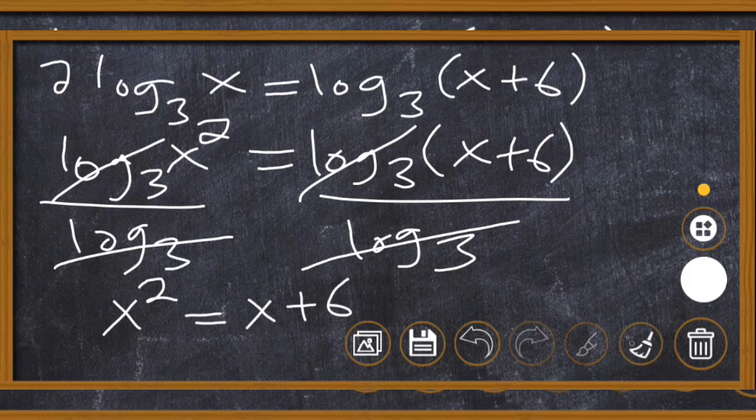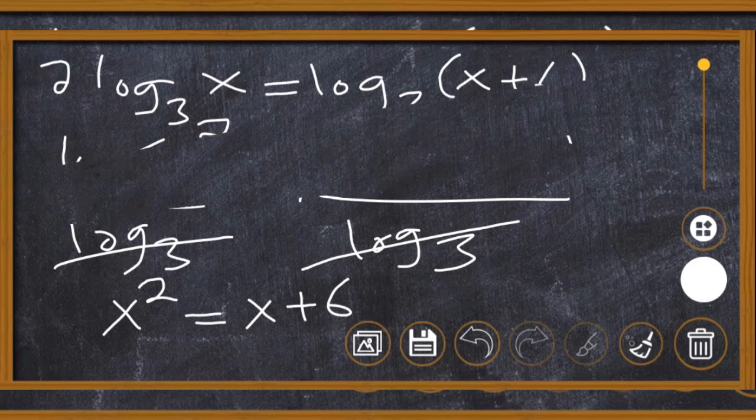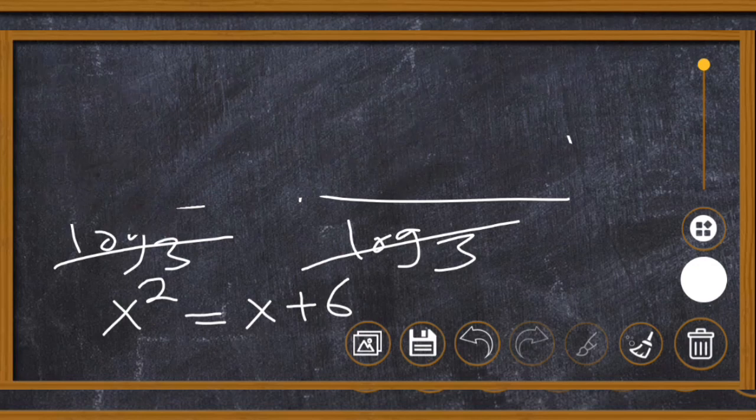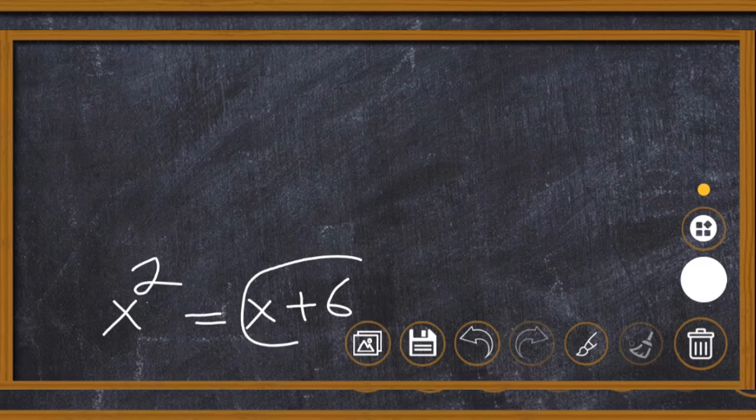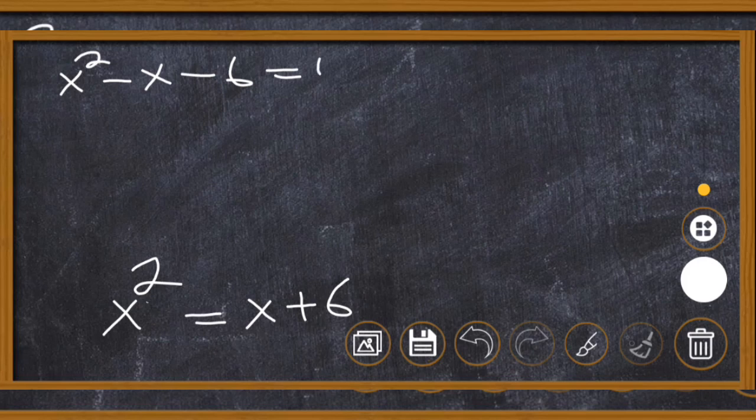So what we have there is a quadratic equation. So go ahead and find the values of x using the given quadratic equation. Taking these values to the left side, we are going to have x squared minus x minus 6 equals 0.